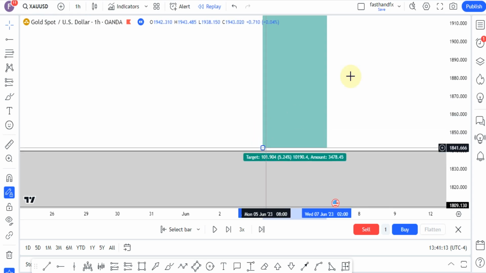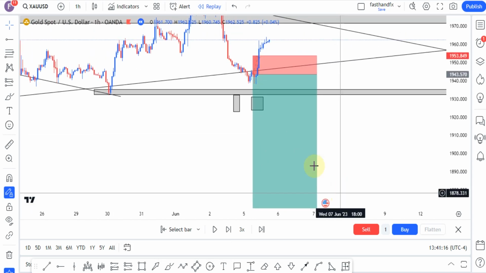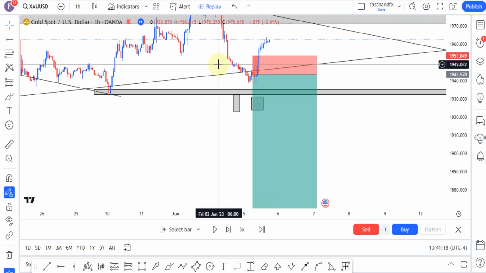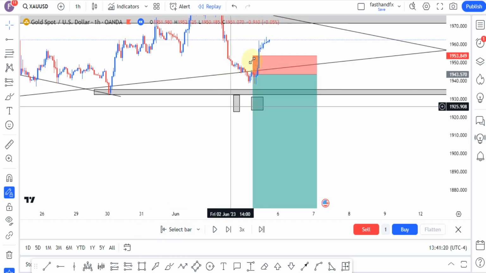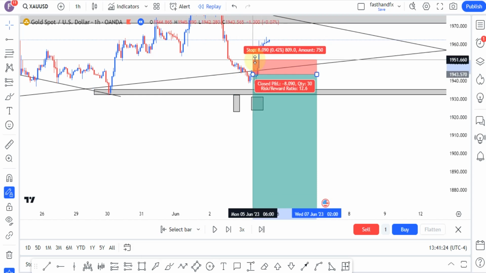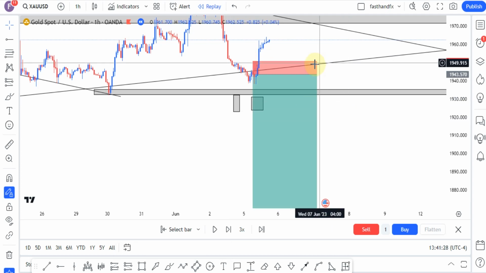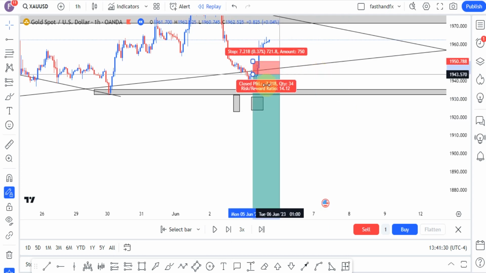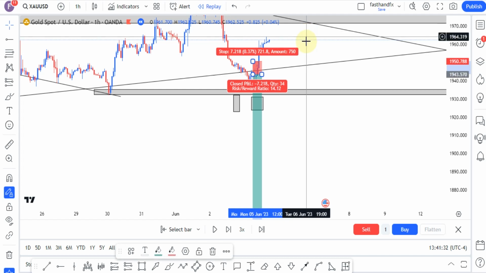But see, guys, what happened. It didn't actually respect that. So if your stop losses were above this area, you can see the market didn't respect that. It violated all those stop losses, went all the way up.